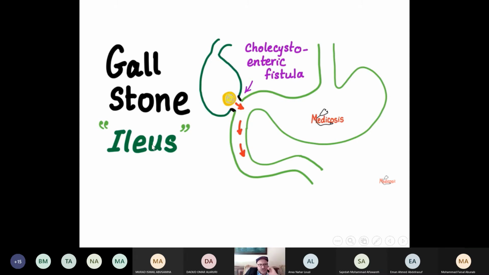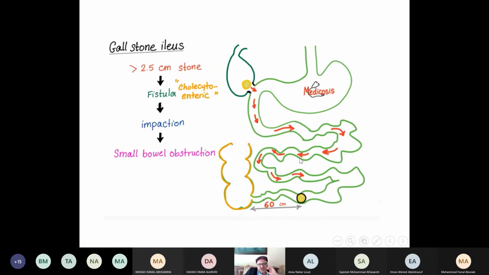When there is gallstone ileus, it means that the stone has eroded through the duodenal wall through a cholecystoenteric fistula. That's why it's quite rare. It passes through the duodenum to the small intestine, and it will get stuck somewhere before the terminal ileum, which is the narrowest part.